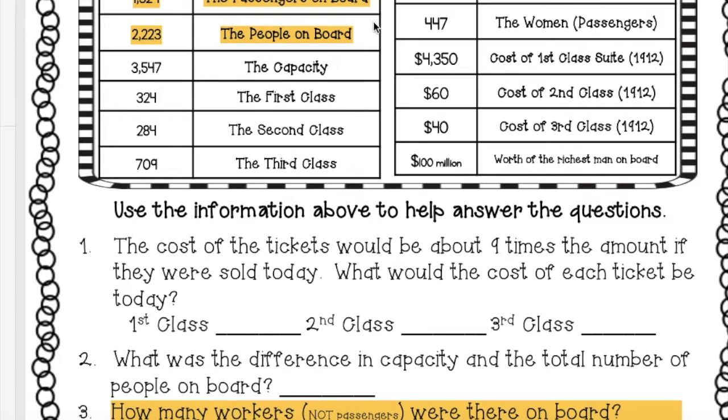So to set up this equation, we need to make it a subtraction problem. We're going to take the total people on board, which was 2,223, minus the amount of people who were passengers to give us an answer for how many people were workers on the ship. So once again, our equation is going to be 2,223 minus 1,324, and that's going to give us the total amount of workers they had on board of the Titanic.